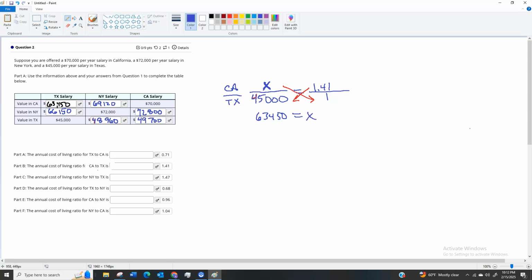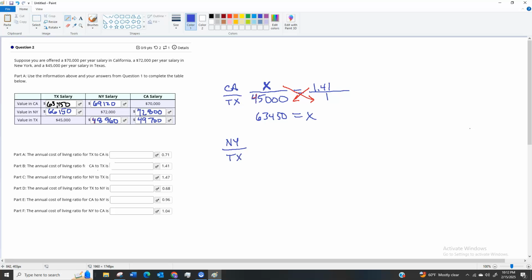Okay, so let's do another one. I'll just go through all of them. It's not going to take that long. If we're trying to go from California, whoops, not California. In this case, we want to know New York. So we want New York, and we know Texas.